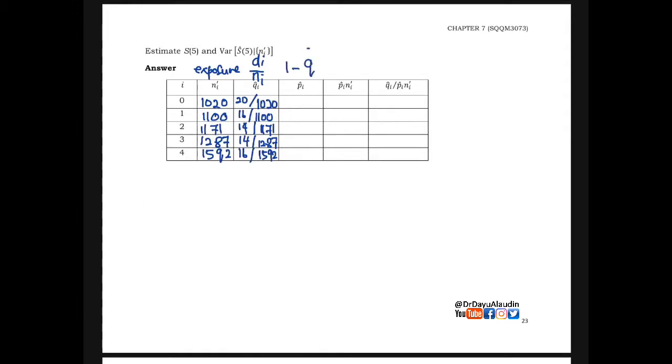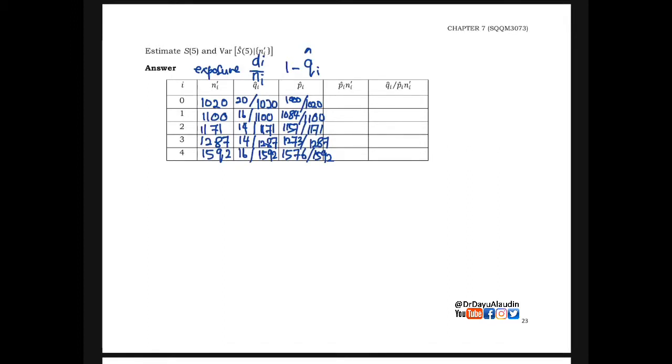And the Pi, what is Pi? Pi is 1 minus Qi. So this one is 1000 over 1020, this is 1084 over 1100, and 1157 over 1171, 1273 over 1287, 1576 over 1592.